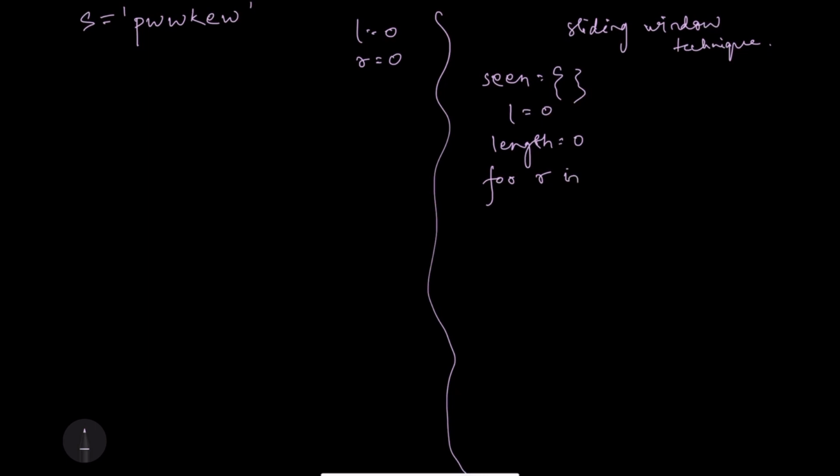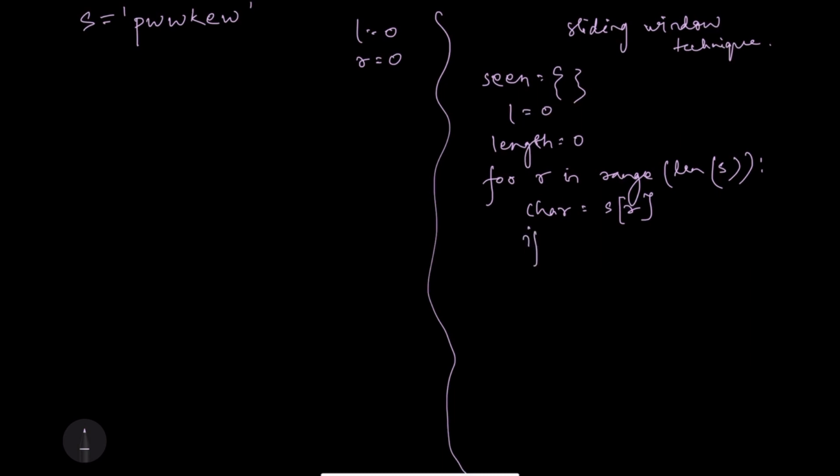Now we would start our for loop. So for r in range of length of s, we will be iterating through the whole string, and we will be having our char as s of r, like each character in our char.